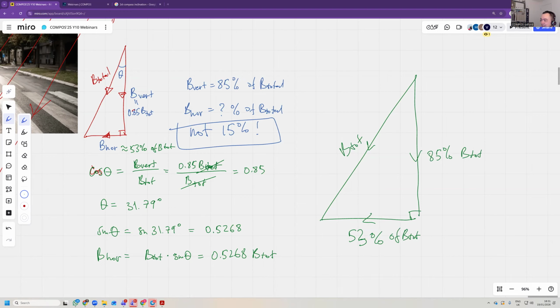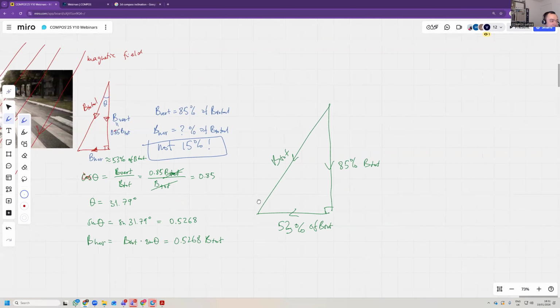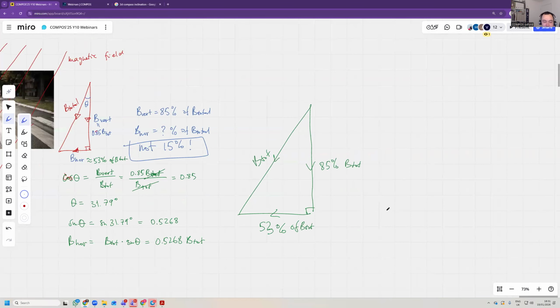Yes, exactly. It's pretty much Pythagoras. If this is 100%, so that's 1, and this is 0.85, then you can do the square root of 1 minus 0.85 squared, which is 0.53.